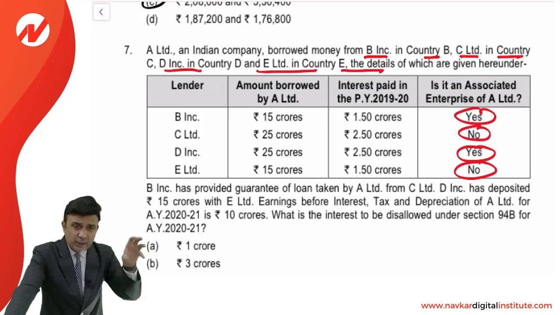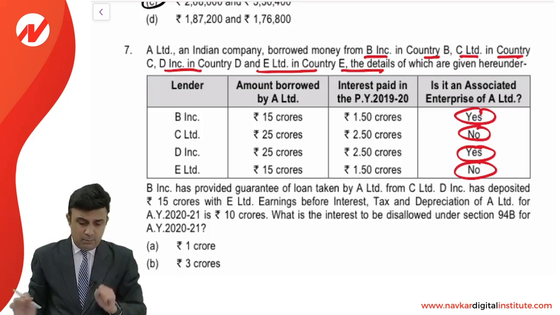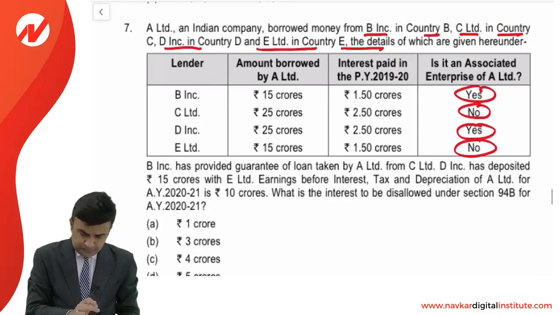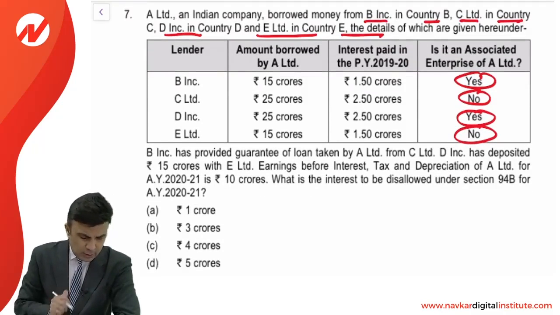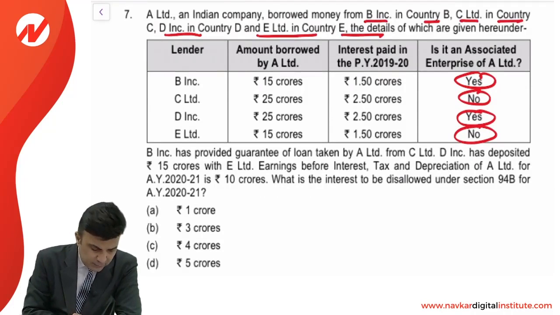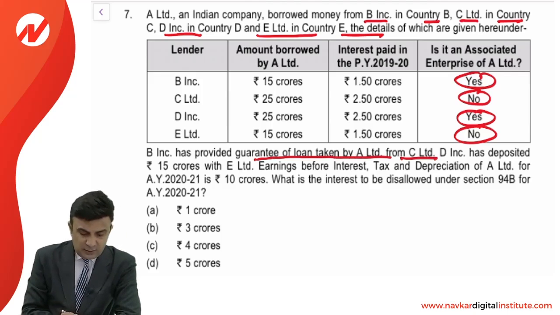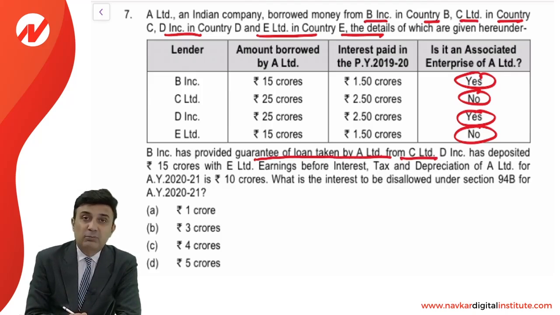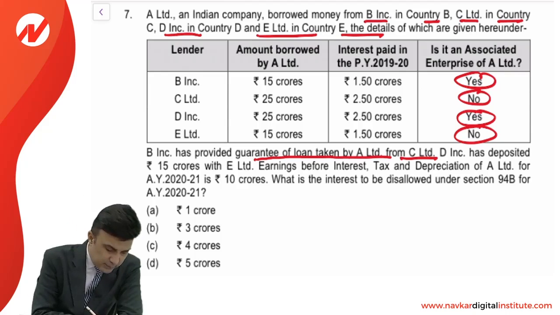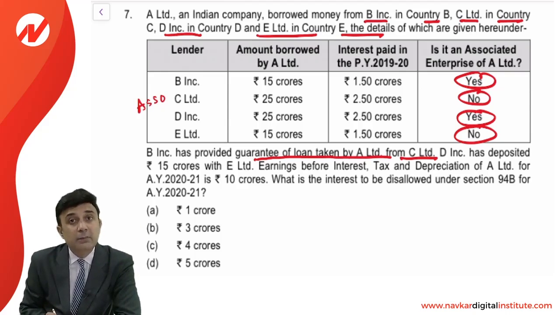Let us check out whether there is any other restriction or not. But before going to other restriction, let me have the other clause also, and that is, friends, B Inc. has provided guarantee of loan taken by A Limited from C Limited. C is not associated, but if the loan of C is guaranteed by my associate, then C would also become my deemed associate.